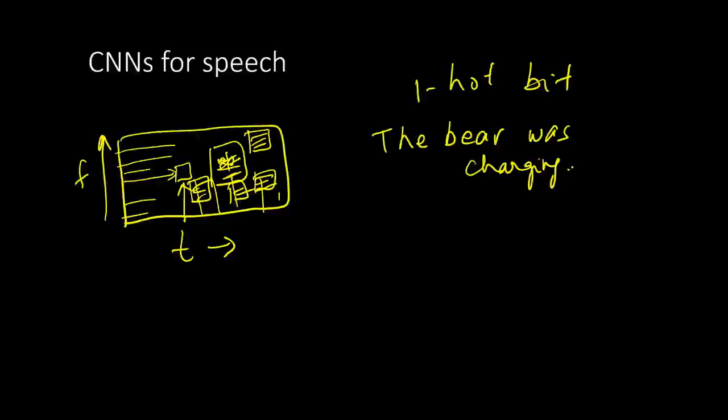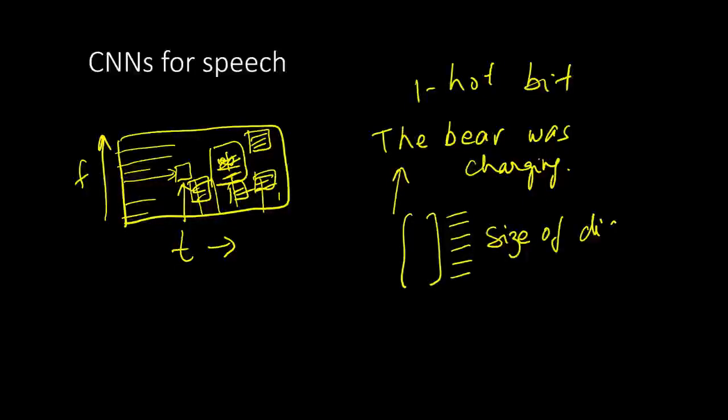To encode each word, the unit here is not a pixel or a pressure measurement sample, it is a word. So to encode this word, we would have a giant vector, and the number of dimensions in that vector is going to be the size of the dictionary.